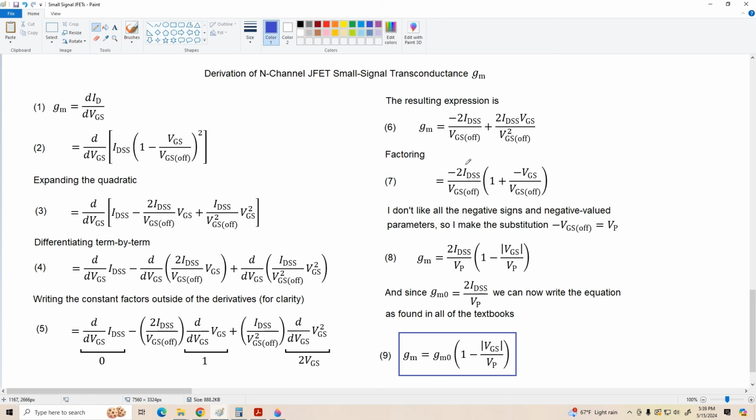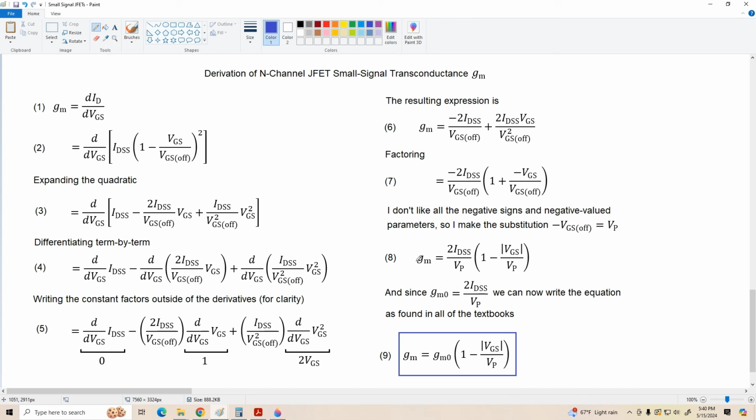Okay, there are a lot of negative signs in there, and VGS off is a negative value. I don't like doing calculations with lots of negative signs, so I'm going to replace negative VGS off with VP, and use the magnitude of VGS rather than its negative value, and that gives me an easier expression to work with.